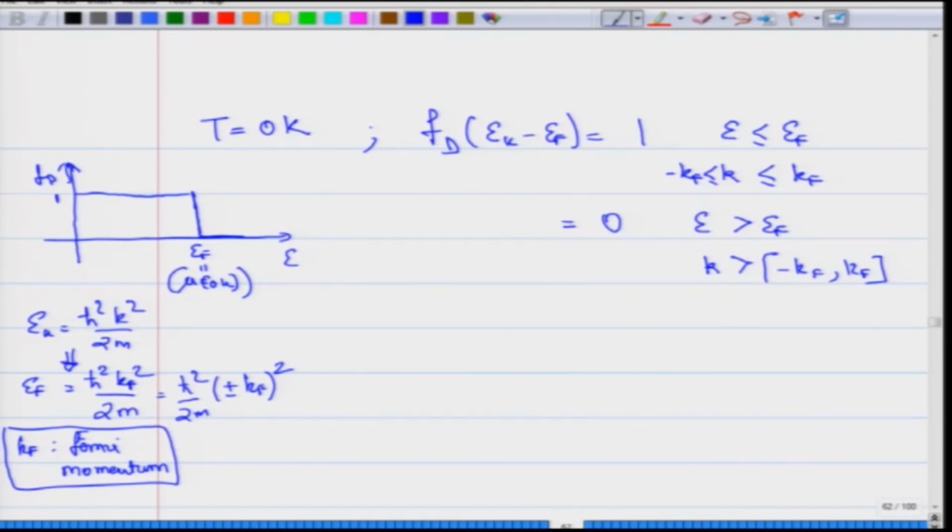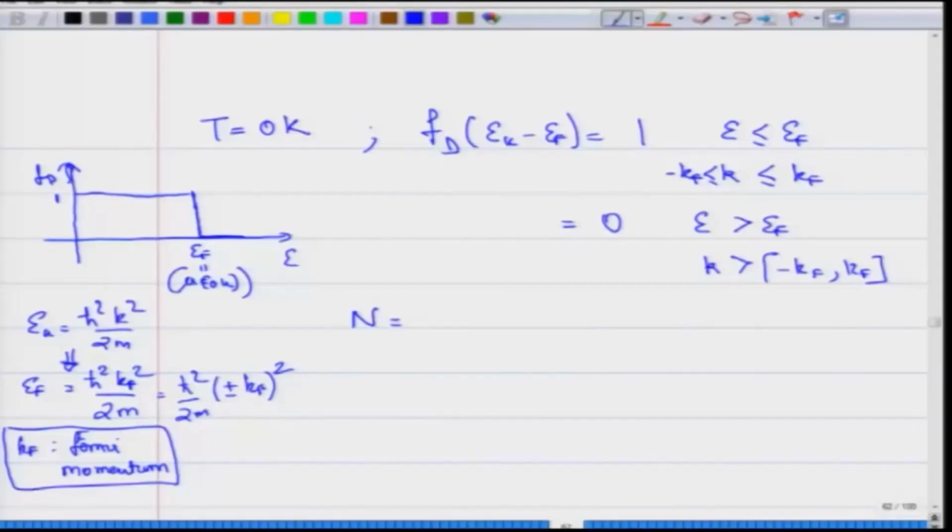You have already got the energy states and you are filling up those energy states up to plus minus kF momentum. And so, your expression for the total number of particles, I take my volume downstairs from this side.